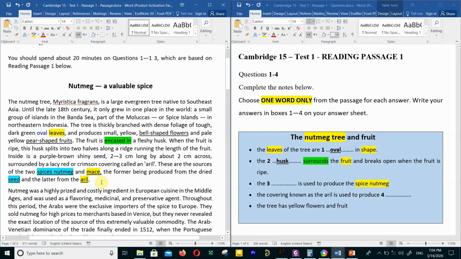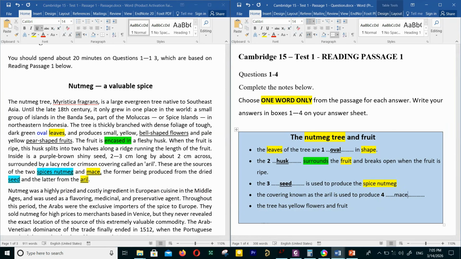So the seed, in this one here, the seed is used to produce the spice nutmeg. And the next question, the covering known as the aril is used to produce what? Mace, as I already analyzed here.